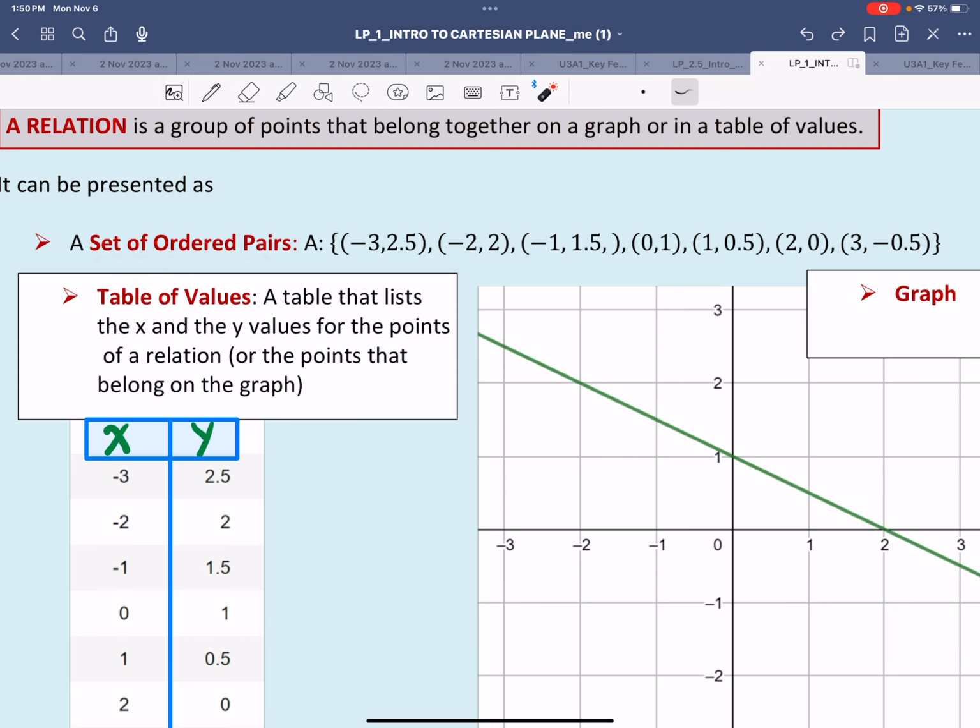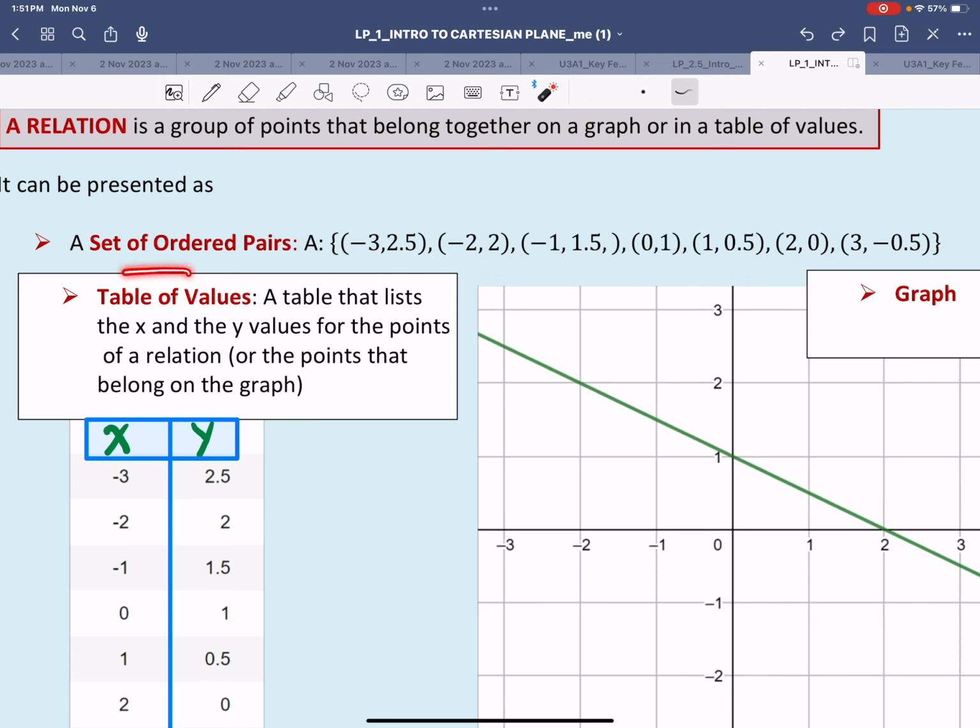When this happens, we name the relations by letters of the alphabet, and we choose particularly the uppercase letters only. And to describe the relation, we put all the ordered pairs inside the braces, or these curly brackets. And we list all the ordered pairs, usually in order, from x negative to x positive.